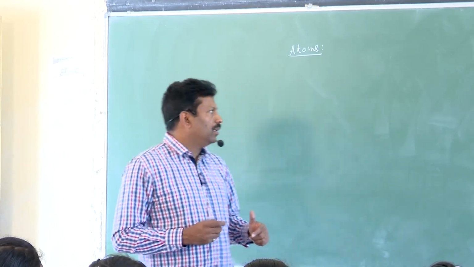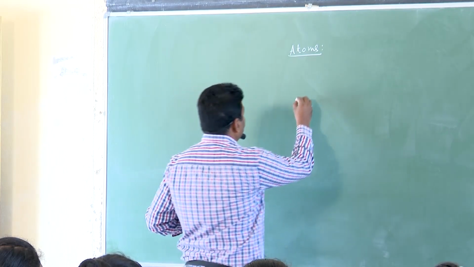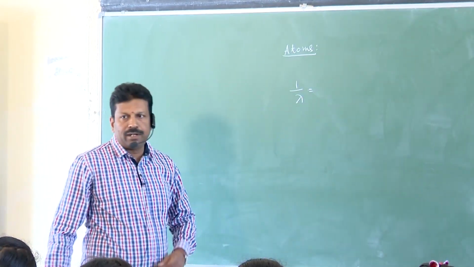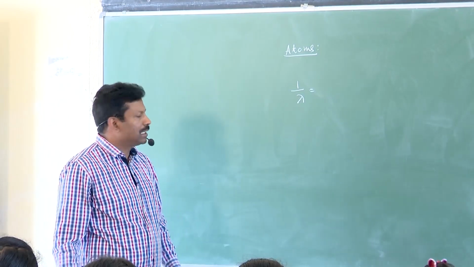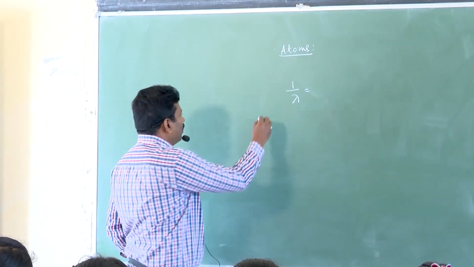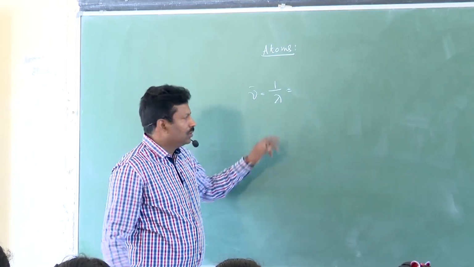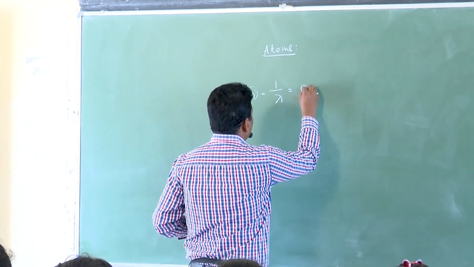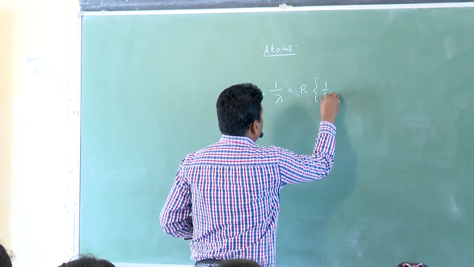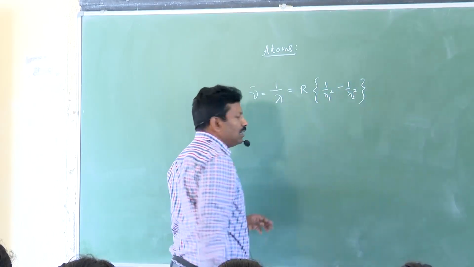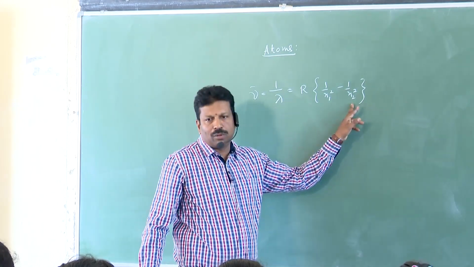You should be familiar with the wavelength of the emitted radiation. When a transition takes place, this is the wave number, right? Wave number is equal to 1 by lambda, so 1 by lambda is equal to R into 1 by n1 squared minus 1 by n2 squared, where n1 is the lower orbit and n2 is the higher orbit.